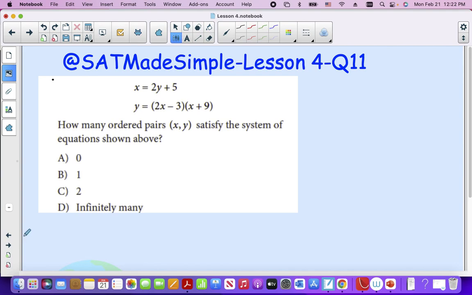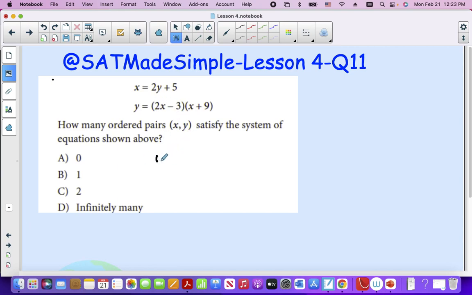Two equations, and they want to know how many ordered pairs x and y satisfy the system of equations above. x is equal to y plus 5. Okay, so I'm going to substitute.